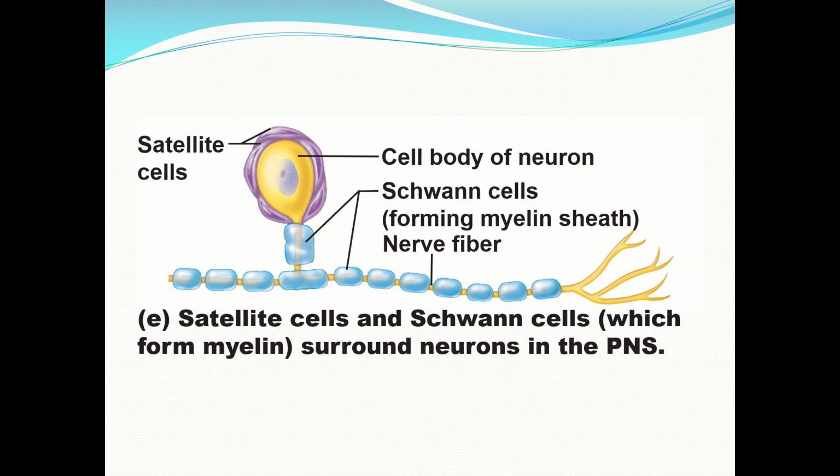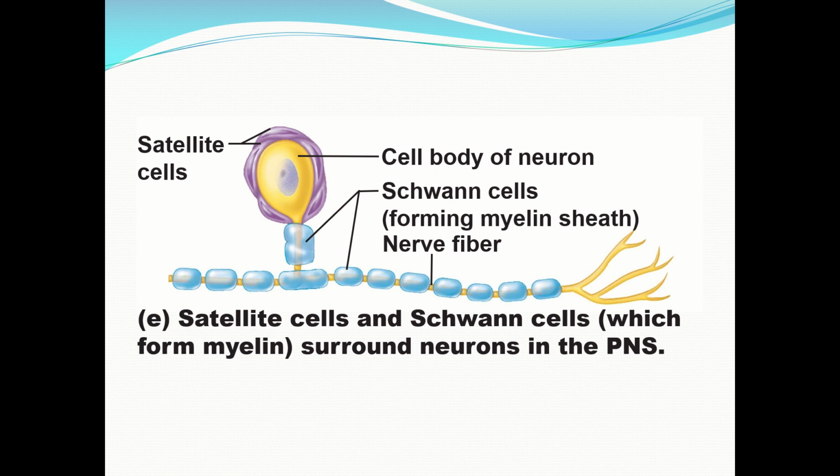All right, now we're in the peripheral nervous system. So satellite cells are going to be shown around the cell body of the neuron here, and they're going to perform similarly to the astrocytes. And then the Schwann cells, also called neurolemmacytes, are going to surround the neurons in the peripheral nervous system.